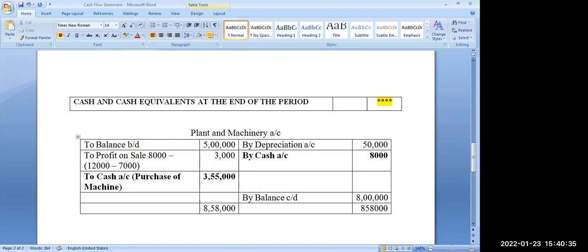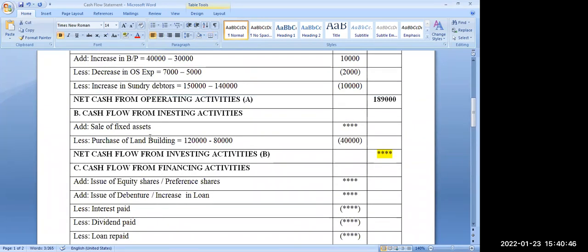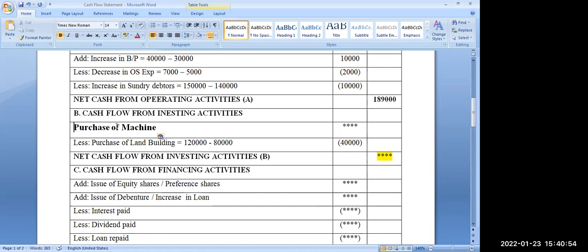So purchase of machine, how much? 3,50,000. Purchase of machine, do you have to subtract or add? Purchase of machine is to be subtracted because it's an outflow of investing activity. How much was it?